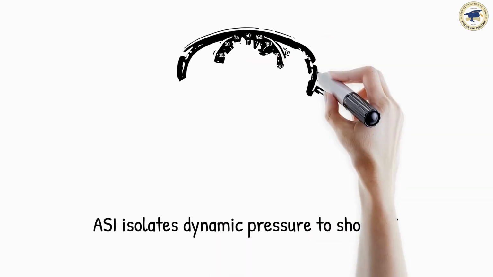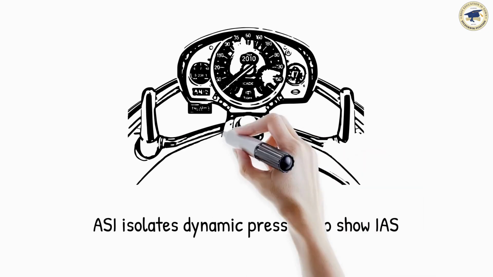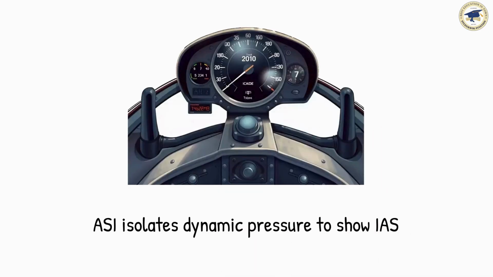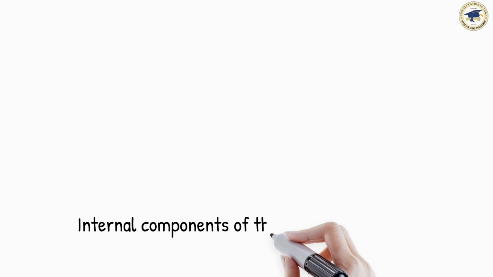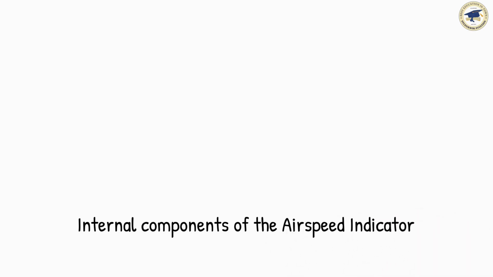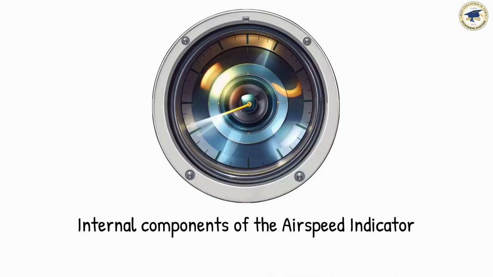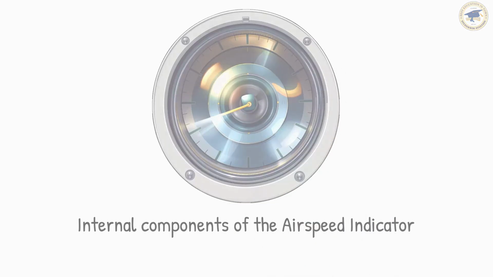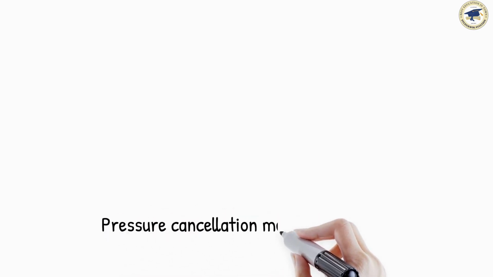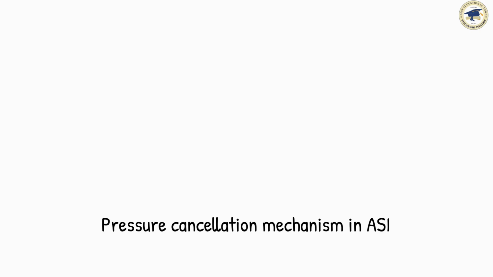That's exactly what the ASI does. It isolates dynamic pressure and displays it as indicated airspeed, IAS. Think of the ASI as an airtight box filled with static pressure. Inside this case, there's a thin metal capsule that receives pitot pressure, S plus Q. So capsule equals static S plus dynamic Q. Case equals static S only.